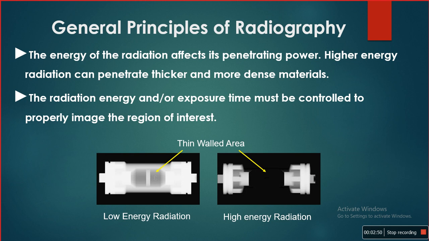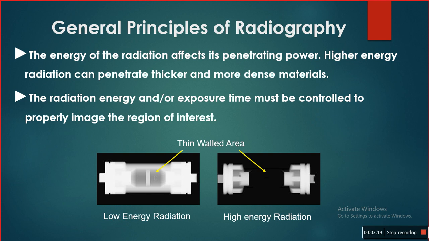In case of a high thickness walled area, we need to use a high energy radiation source. Why? Because if we use a high energy radiation source on a thin walled area, that radiation penetrates it too much and we can't get the exact details of that thin walled region of the component.